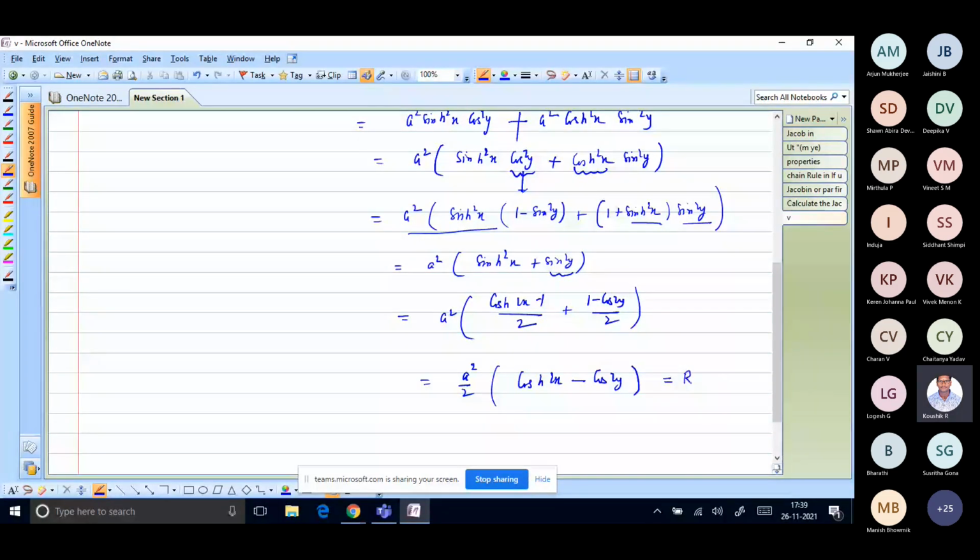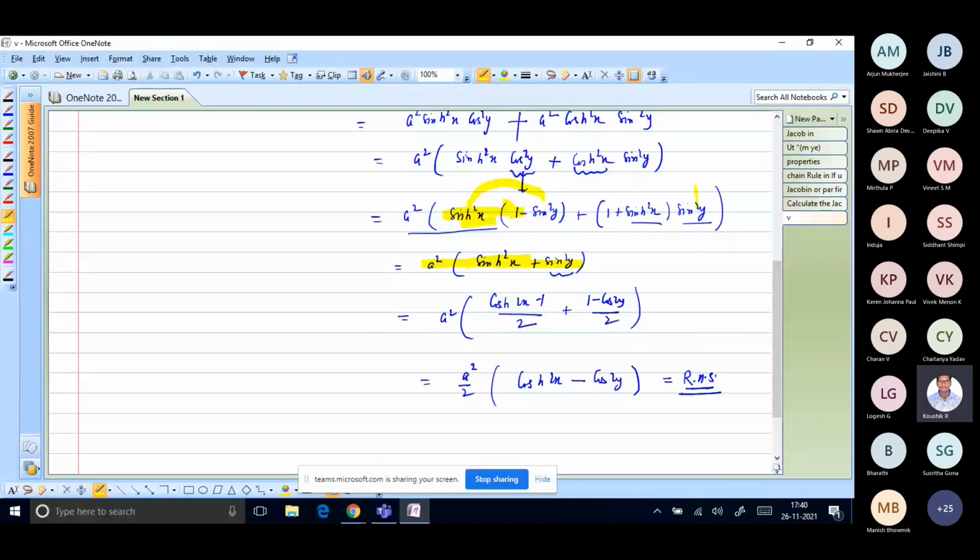Sir, can you explain that last fourth step once again? Which one? The fourth step, from two, three, four. This one. That is how it comes. See, sine hyperbolic square into 1 gives sine hyperbolic square x. And then sine hyperbolic into sine square y.